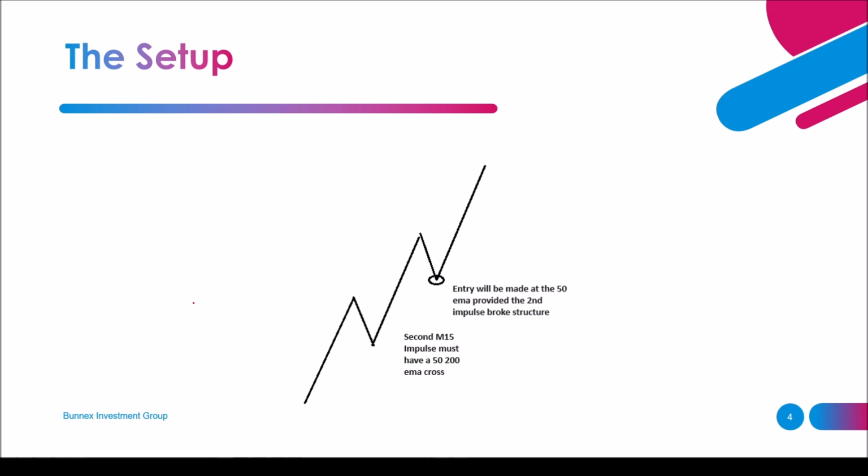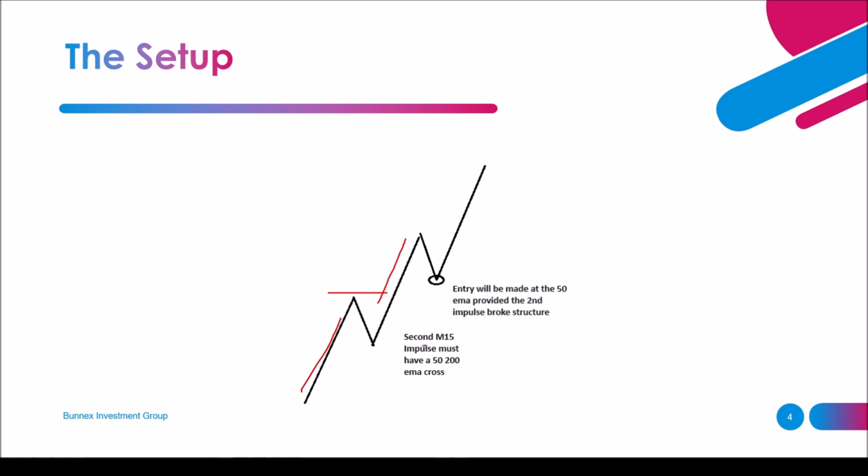Here is the setup that we'll follow. Basically, we are following a 3-move setup, or basically a small micro market maker cycle, whereby we need to see the first impulse and the second impulse. If these two have been noted, whereby the second clearly cuts above the first, we will wait or prepare to get an entry.